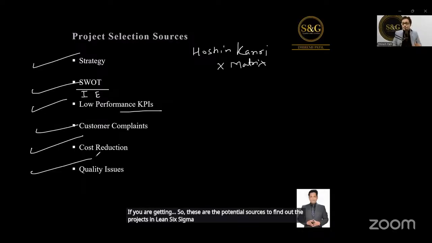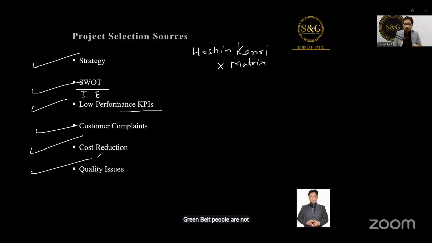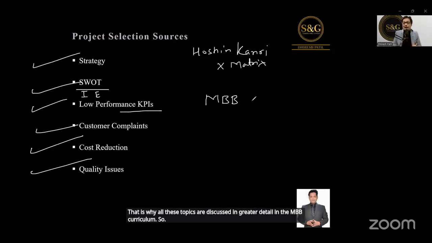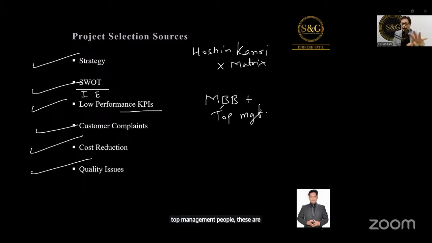Generally, Green Belt people are not accountable for the identification. That's why all these topics are discussed in greater detail in the MBB curriculum. The Master Black Belt, along with top management, are accountable for selecting the project for your company.